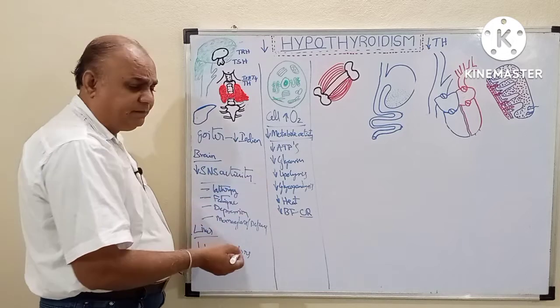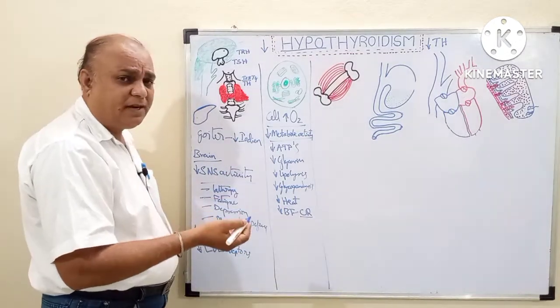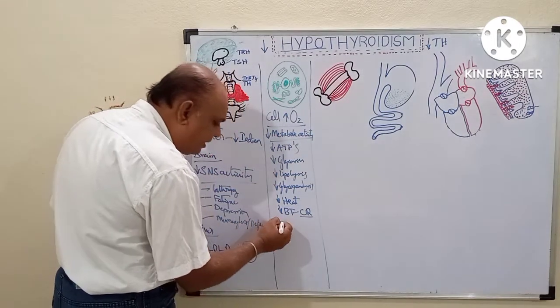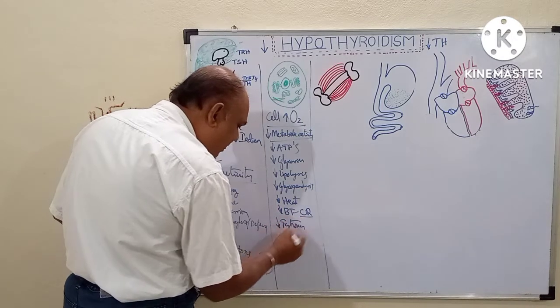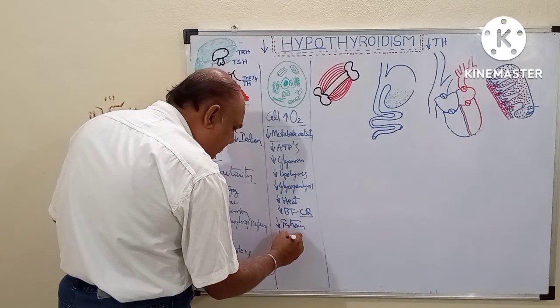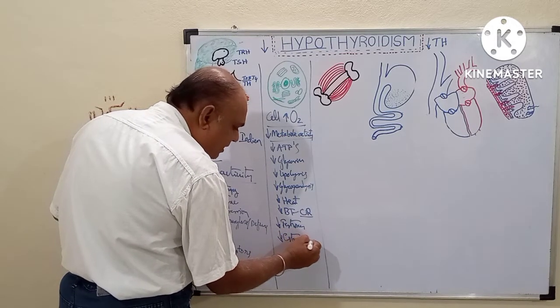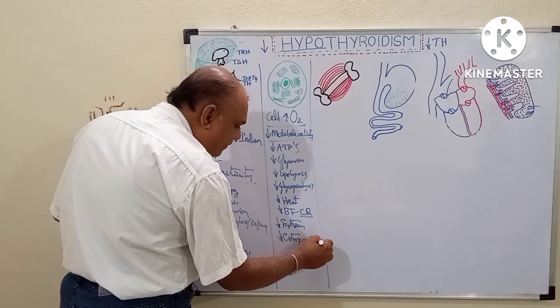Apart from this, low thyroid hormone levels will also affect the reproductive system, where in males they decrease testosterone and in females they decrease estrogens, which leads to infertility.